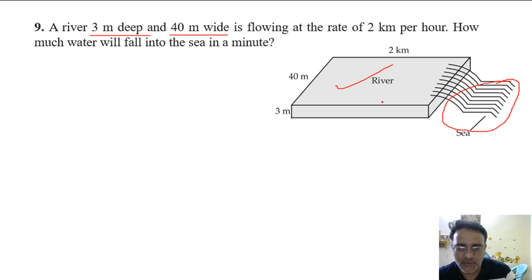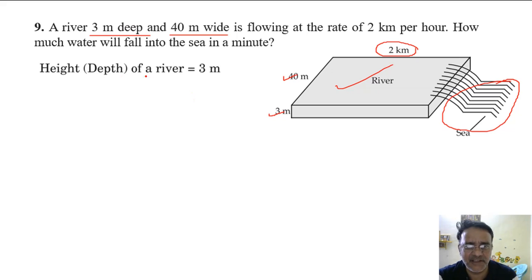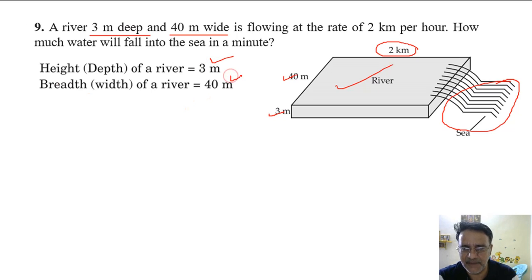The shape of the river is taken as cuboidal, in which the depth will be the height and the width will be the breadth, and we will take 2 kilometer in 1 hour as the length. Okay, so let us start with the height. Depth 3 meter, breadth is given 40 meter.